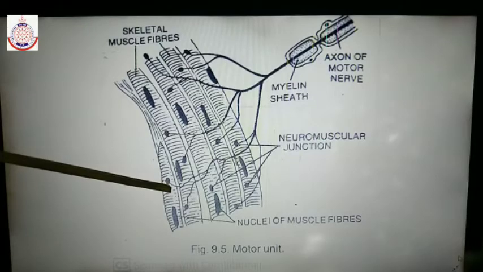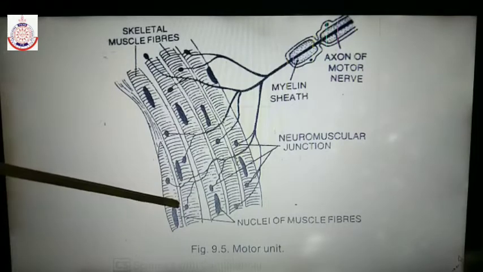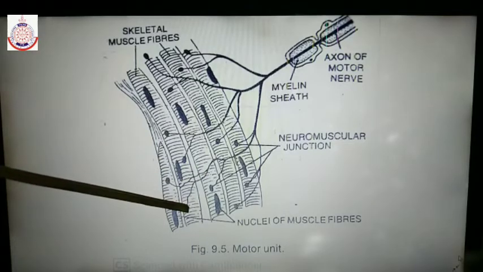What do you mean by sarcolemma? The plasma membrane of a skeletal muscle fiber or skeletal muscle cell is known as sarcolemma. So the junction between a motor neuron and the sarcolemma of the muscle fiber is called the neuromuscular junction. What is it known as?